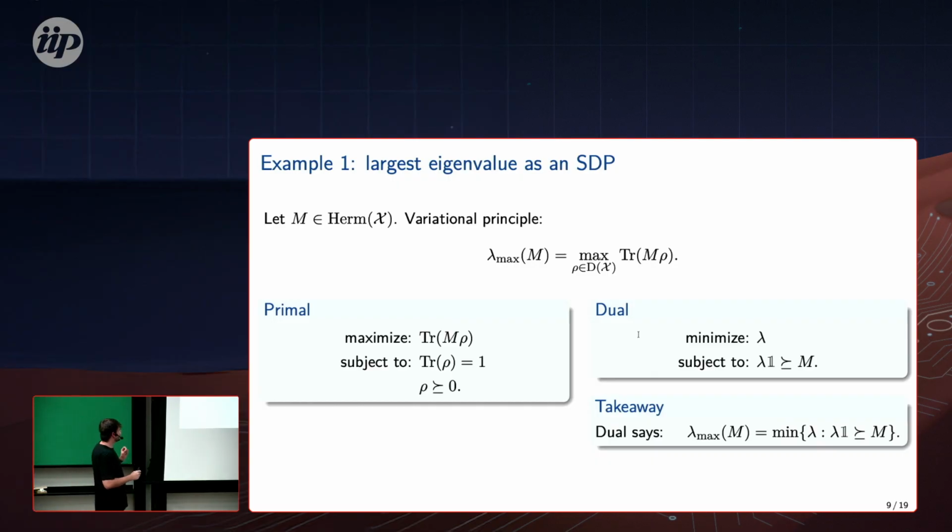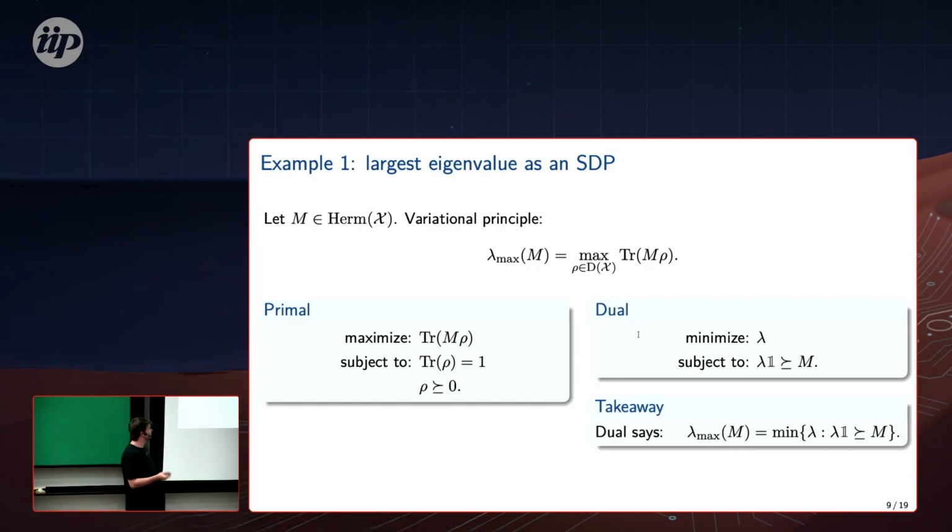So, what is a simple example? Let's say we are given some Hermitian matrix M. What is an example of an SDP? The largest eigenvalue of that matrix. This is somehow the simplest of all SDPs because it only has a trace constraint and the positivity constraint.